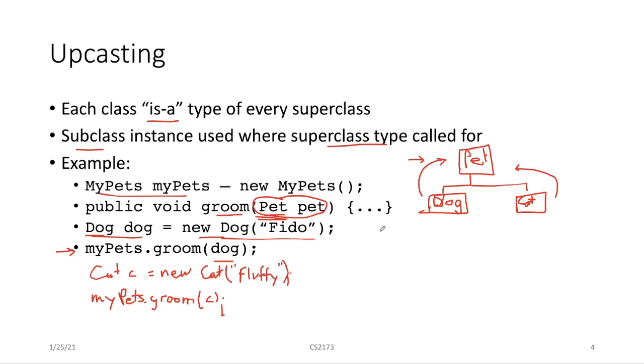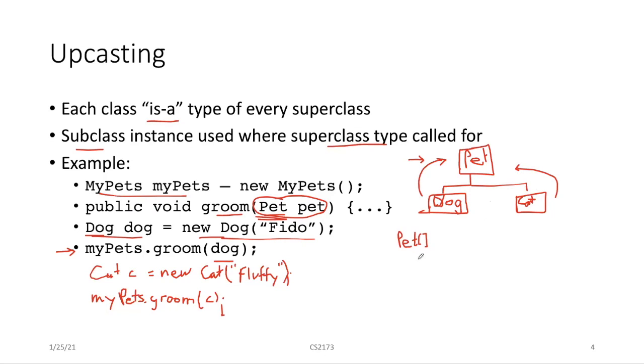One of the advantages of this idea is that, for example, if I define an array of pets, I can put dogs and cats and anything else that is a subclass of pet into that array. And it will work because they are all a pet.